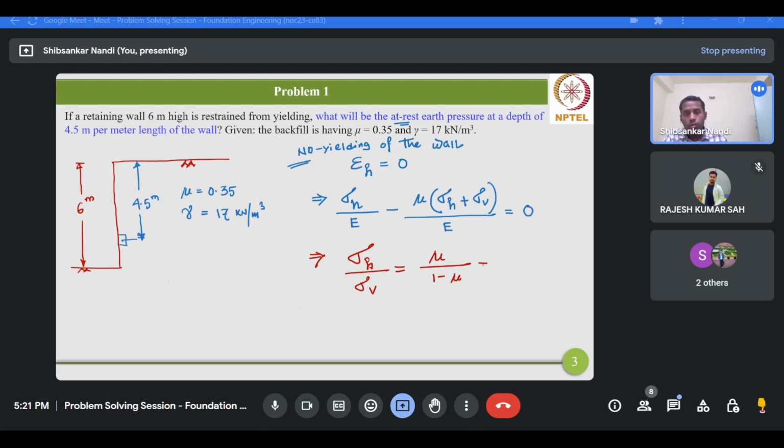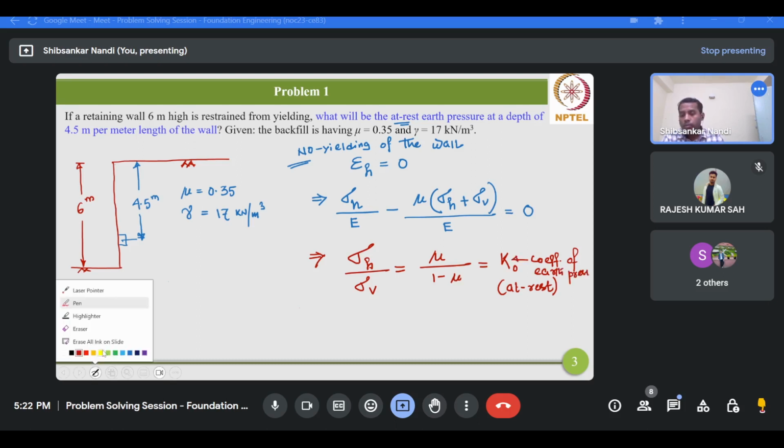And as you know, this ratio is known as the coefficient of earth pressure at rest condition.